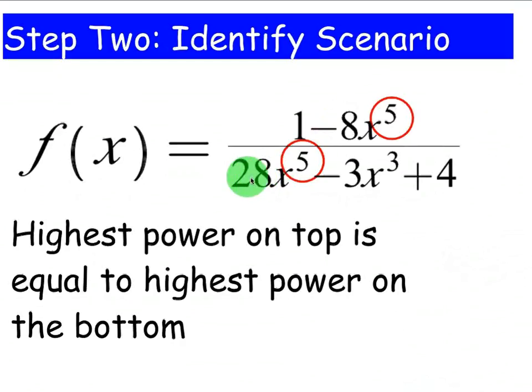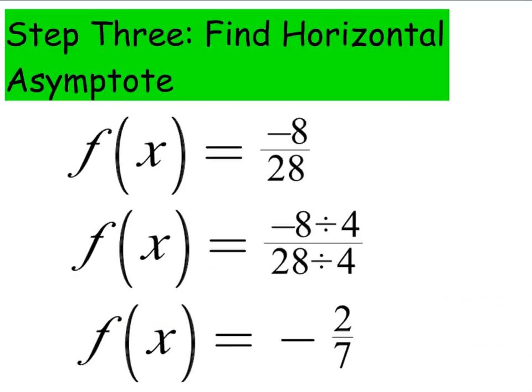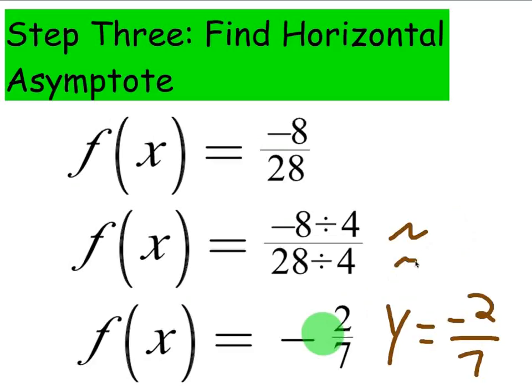And yes, you do need to reduce. Negative 8 over 28 reduces to negative 2 over 7. So for this one, you're going to have a horizontal asymptote at y, or f of x, equals negative 2 over 7. Which, if you reduce to a decimal, would be around negative 0.28. I'm just estimating there.